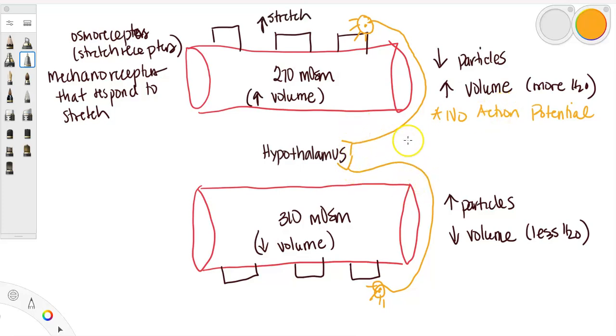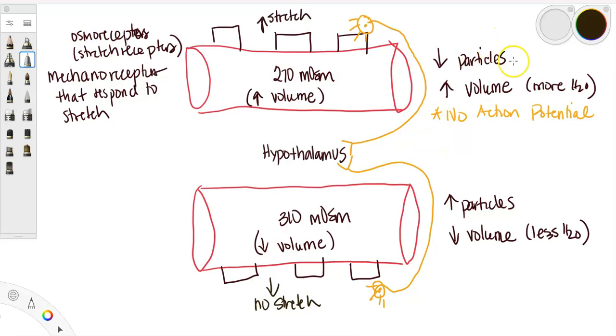Okay? So in the second scenario, we're feeling what? We're feeling no stretch. Why? Because volume is down. There's less water here, so there's only stuff in there and not as much water, so there's not any push or pressure on the walls of the vessel.